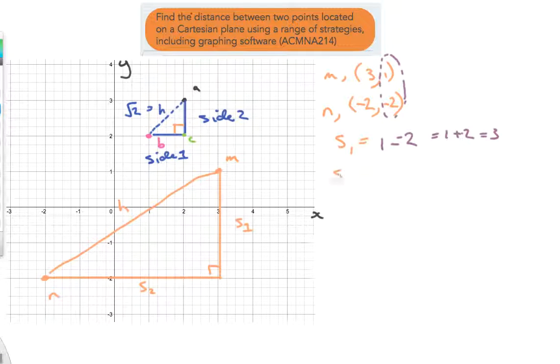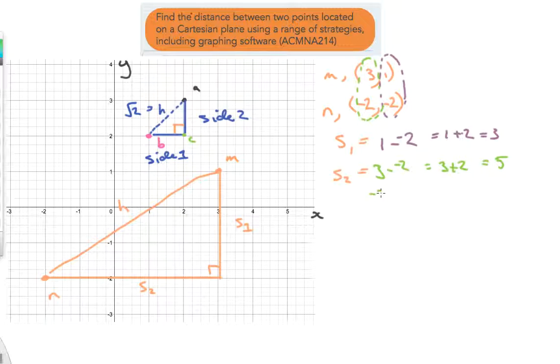And then for side 2, we just need to look at the difference in the x's, which is 3 minus negative 2. So we're taking M and we're taking away point N. And I should note that we could do this either way. We just get a negative answer. So 3 minus negative 2 is the same as 3 plus 2 equals 5.